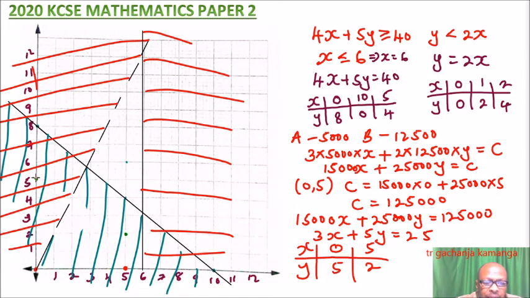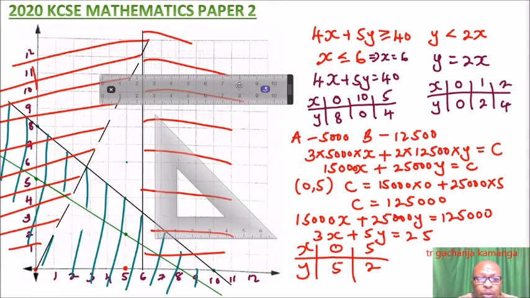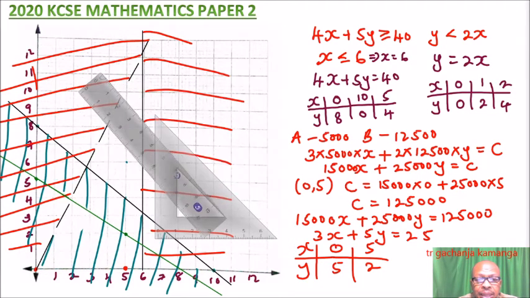Let's join that properly. We call this the search line. So what you do is you place your set square here and you slide it upwards, and that will help you get the minimum cost. Let me try and see whether I will be able to show you how you do that. So this is my ruler and my set square.